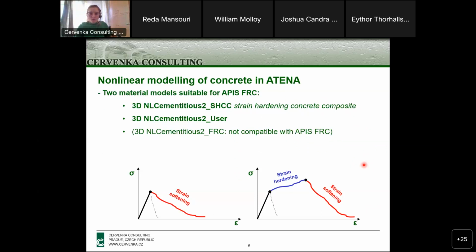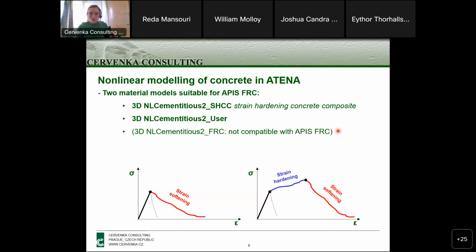So in ATENA, we have 3 different material models that can be specifically used for FRC. However, only 2 of them are suitable to use with our APIS module for automatic optimization.